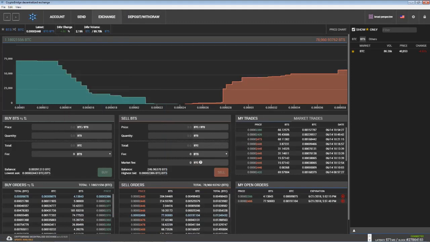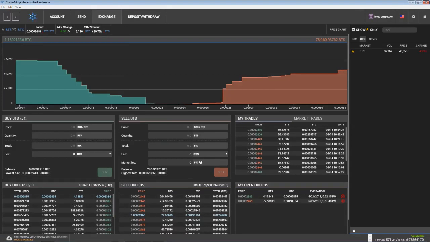And each time one of these orders is fully filled, you can see I have just a little partial 4 Bitshares remaining of my order, so it's still on the books here. As soon as that gets filled, the software is going to cancel my sell order, and it's going to readjust the price and put a buy order that's going to be a little bit lower and a sell order that's going to be a little bit higher here.